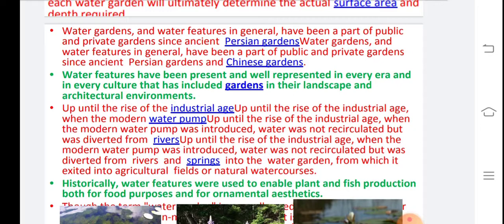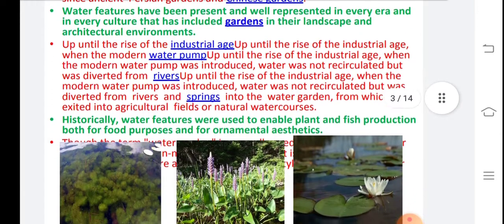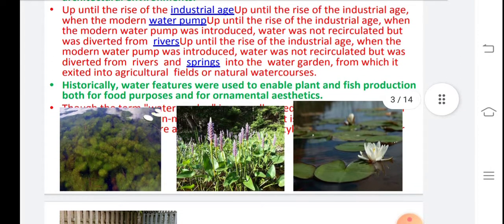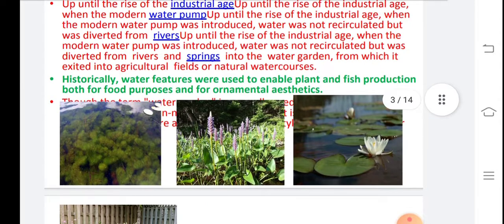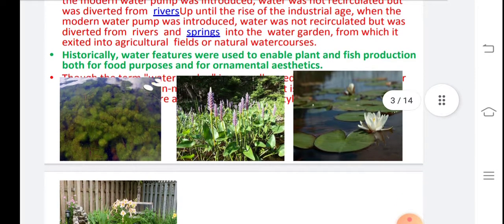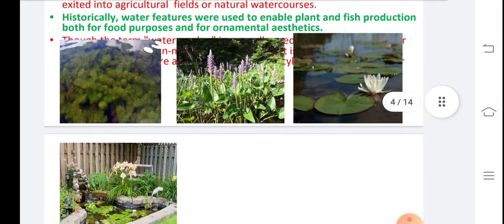Suppose in our India in the rainy season there is too much rainfall, so flood conditions and disturbance occur. So at the time of preparation we have to consider all these characteristics. Different springs are there. In historical gardens, at that time they were using these gardens for fish production. So mainly the food for the fish or the ornamental purpose is one part.